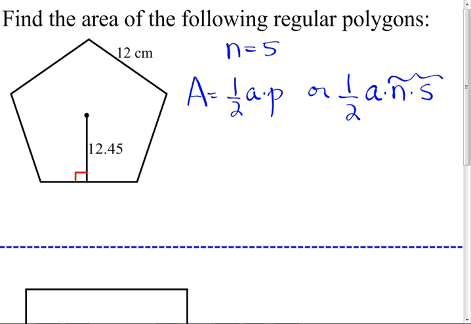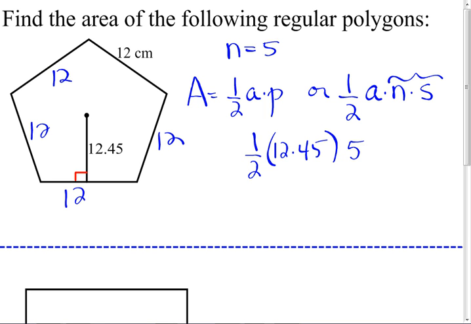Well, guess what? I have the apothem. What's the apothem? 12.45. How many sides are there? 5. And the length of each side is? 12. Right. And I could do the rest of the work if you want me to.